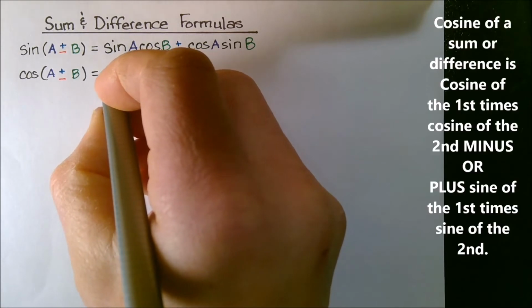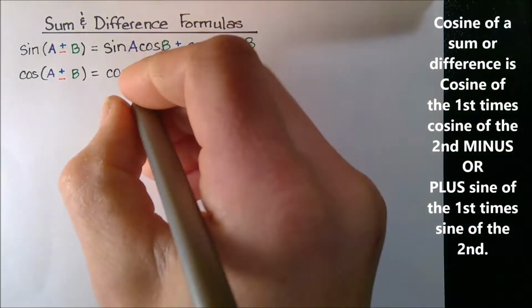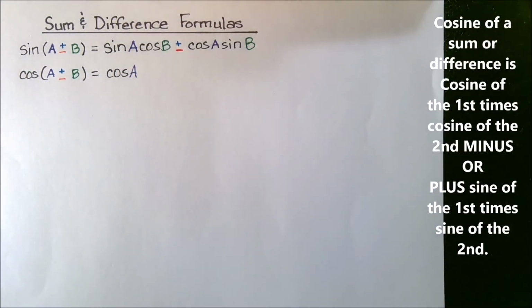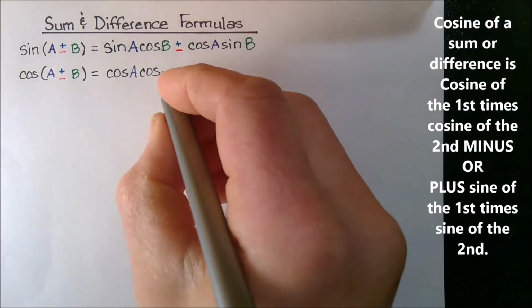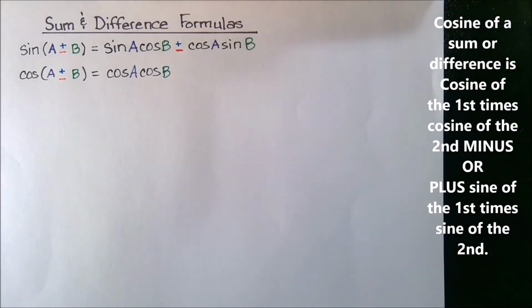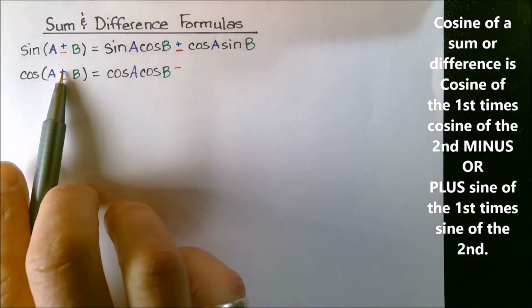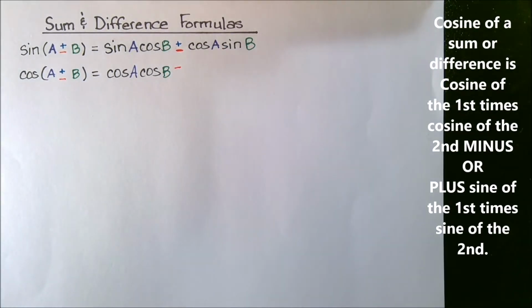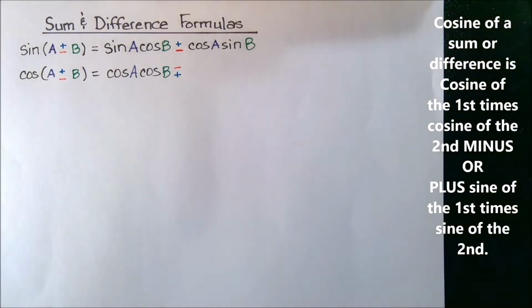So what we do is the cosine of the first angle times the cosine of the second angle. Now this one, watch this, it's actually the opposite. So if you were taking a sum here, it's now a difference when you're expanding and using that formula.